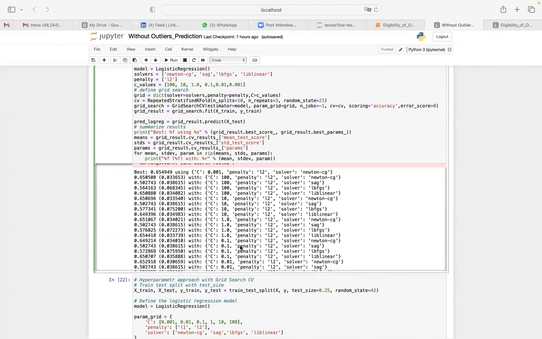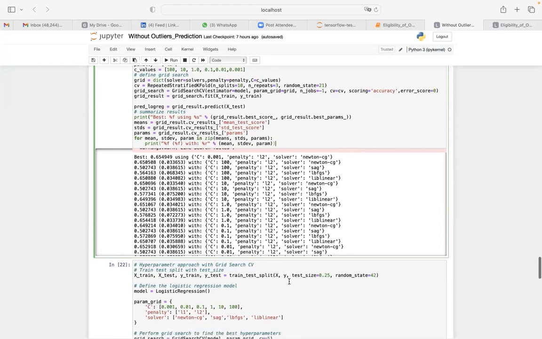Basically, it tries to find the combination with the least error and the most accurate method. So the scoring criteria here is accuracy. You can set a different scoring criteria as well if you want. For now, we'll keep it to accuracy, and then obviously get the best accuracy in terms of the combination of the hyperparameters that it has chosen.